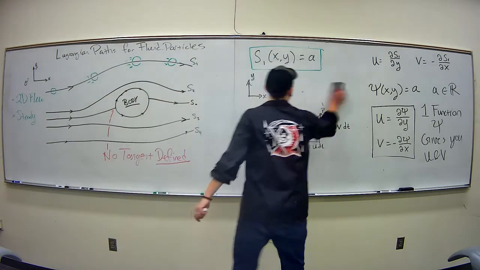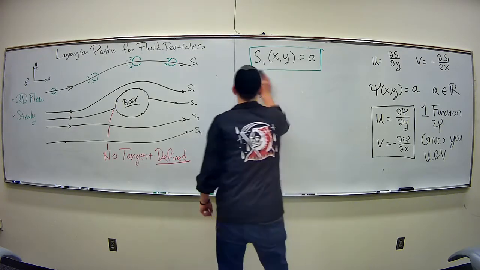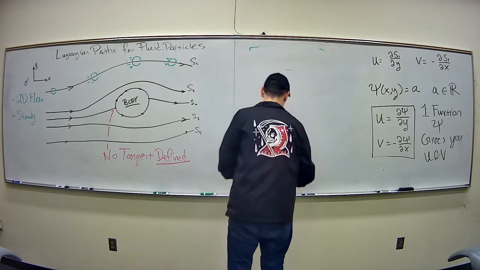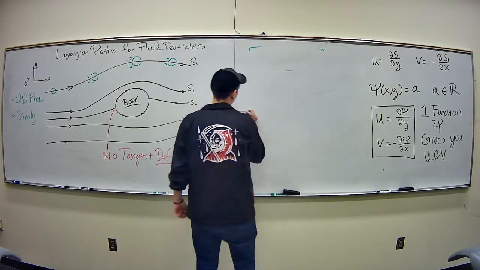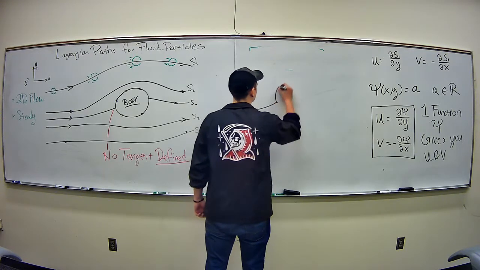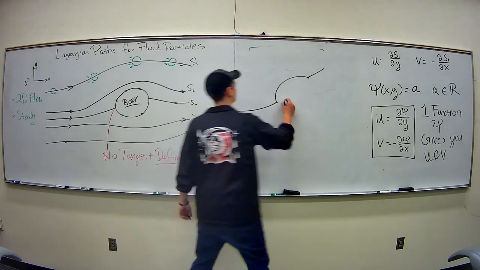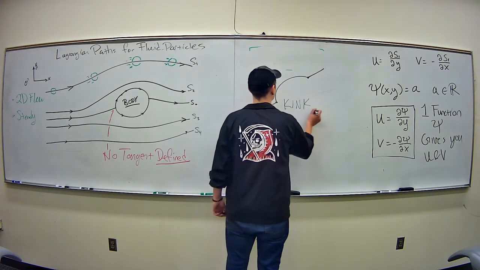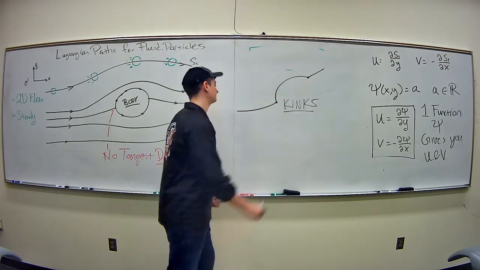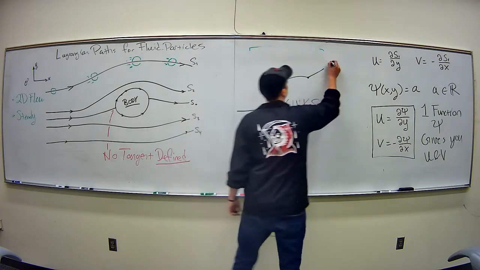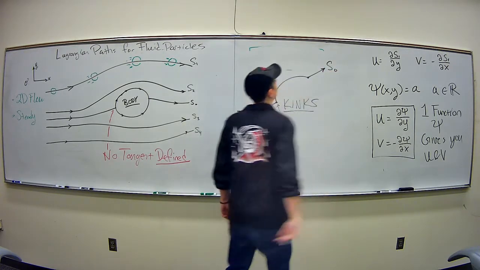If I look at that body curve, or this stagnation point, it looks like I have kinks in there. Let's call this my S0.